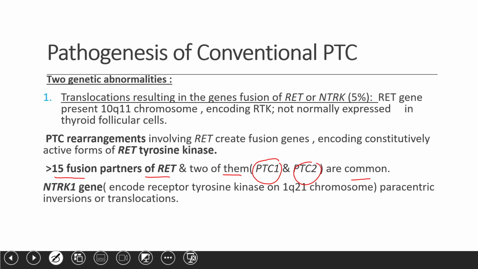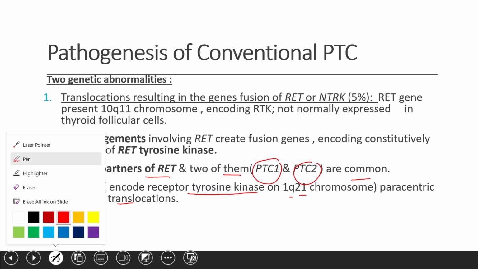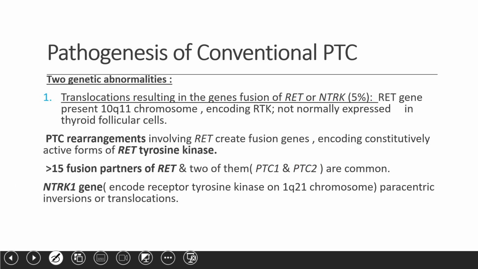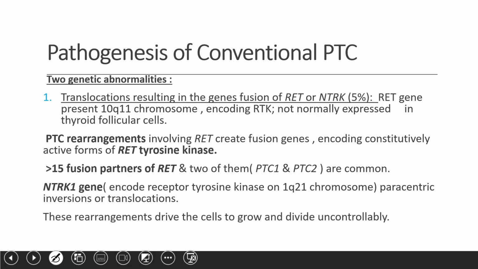And the NTRK gene, which encodes a receptor tyrosine kinase on the 21st band of the long arm of chromosome number 1, undergoes a paracentric inversion or translocation, which results in the presence of this tyrosine kinase in the thyroid follicular cell, providing the signal for the growth of the follicular cells and resulting in papillary thyroid carcinoma. And these rearrangements drive the cell to grow and divide uncontrollably.